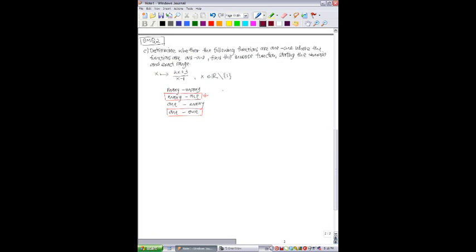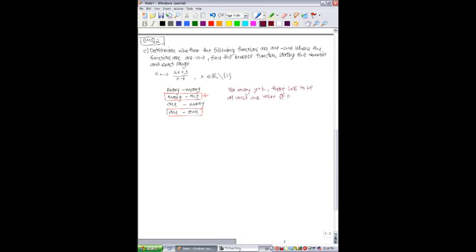In other words, for every y equals k, let's say, there has to be at most one value of x.